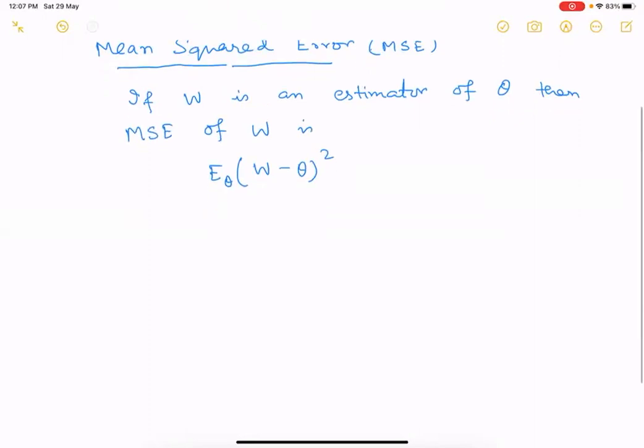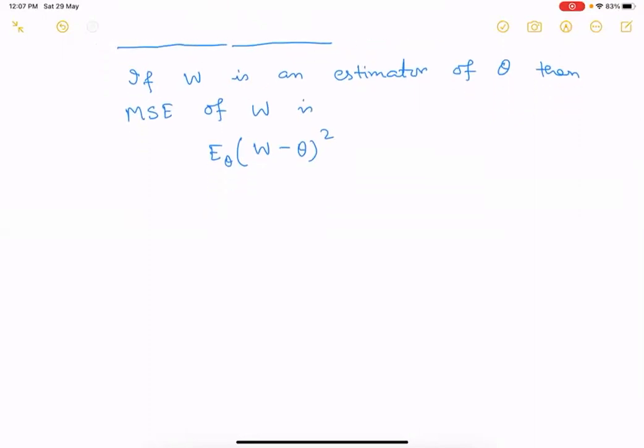Now, one concept is called unbiased estimator.